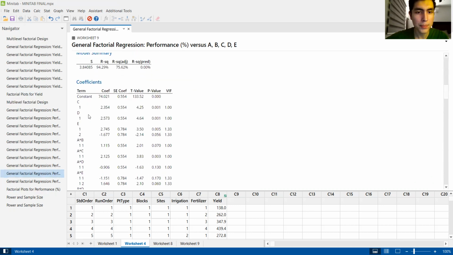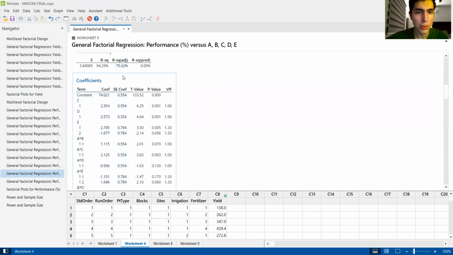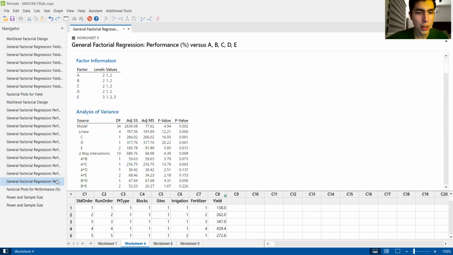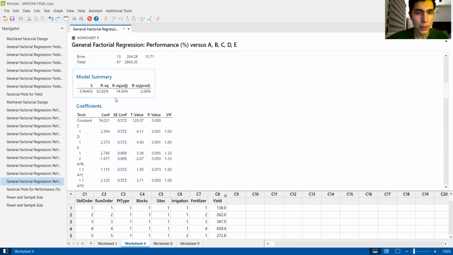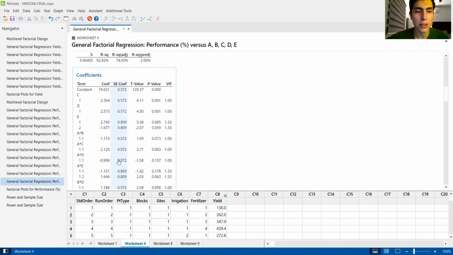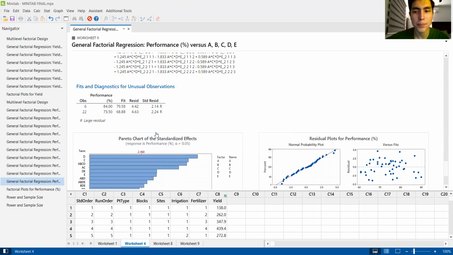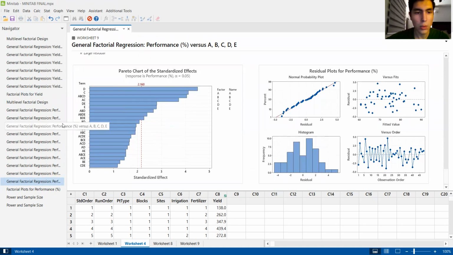We can see here, lower value, even lower. So the conclusion was that taking out more interactions or factors will not improve the model anymore. So I stopped here.